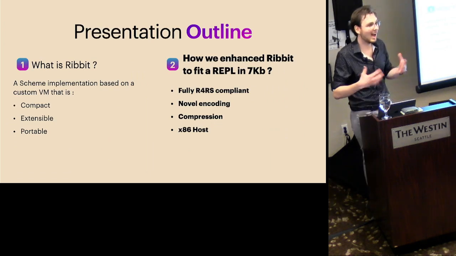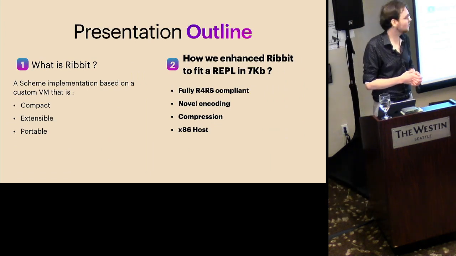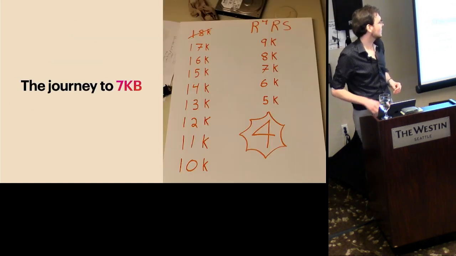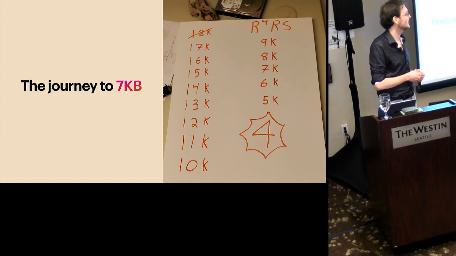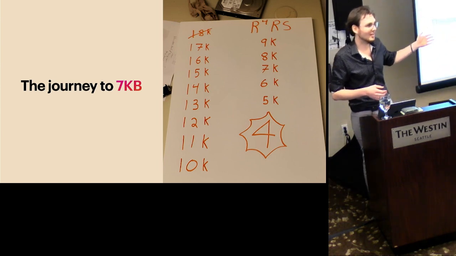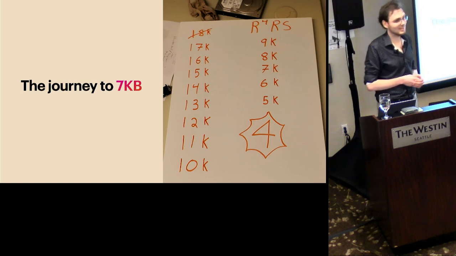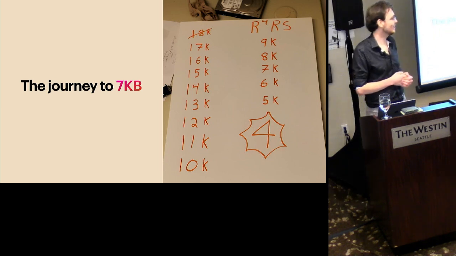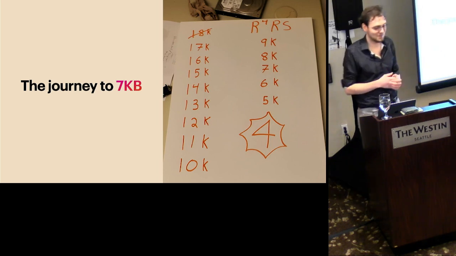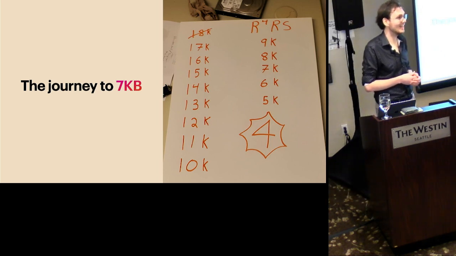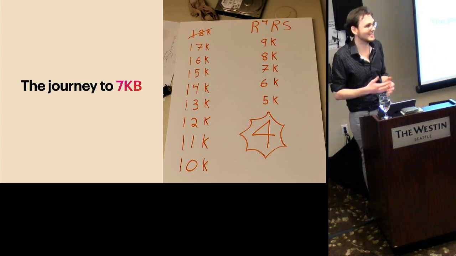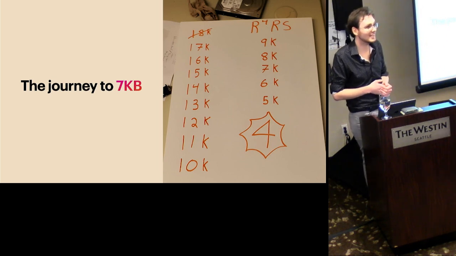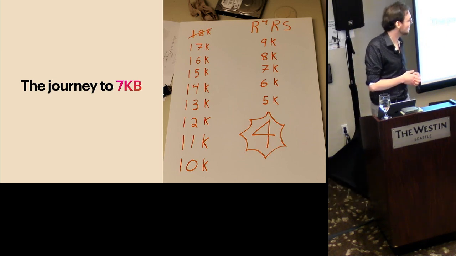So now we've understood what Ribbit is. Now we're going to see how we enhanced it to fit a REPL inside 7 kilobytes. So, the journey to 7 kilobytes. Here is a picture of the board in our lab. At first, as you can see, we wanted to call the paper R4RS because we didn't achieve the 4K, but we still achieved 7K, which is pretty good.